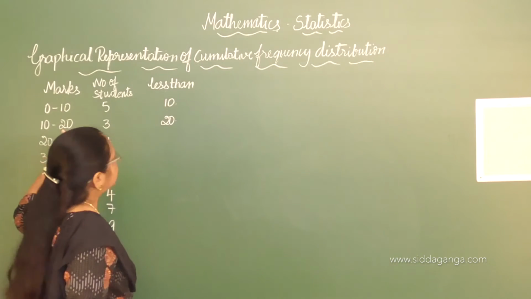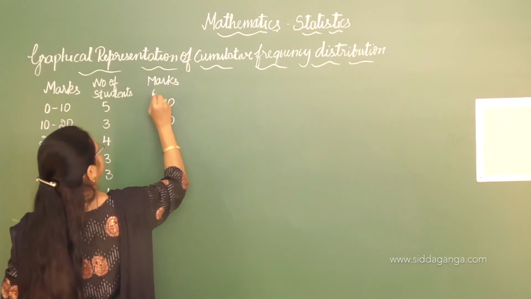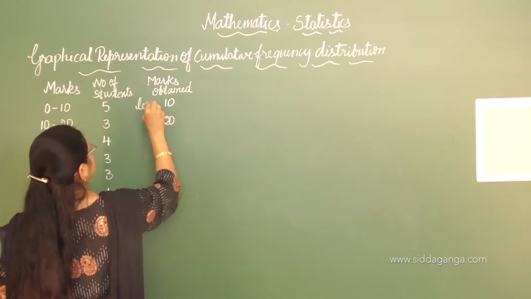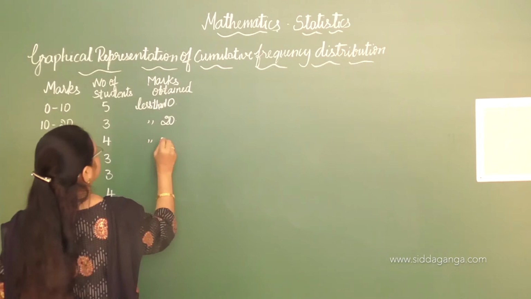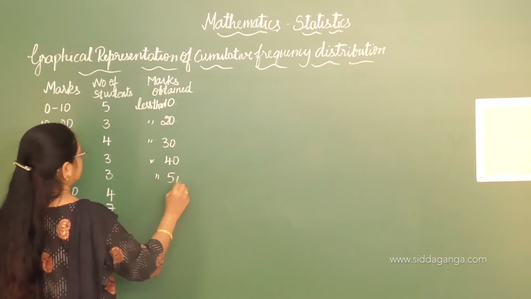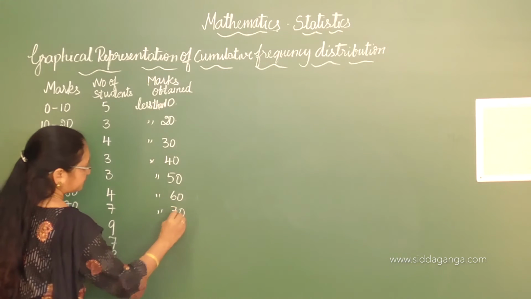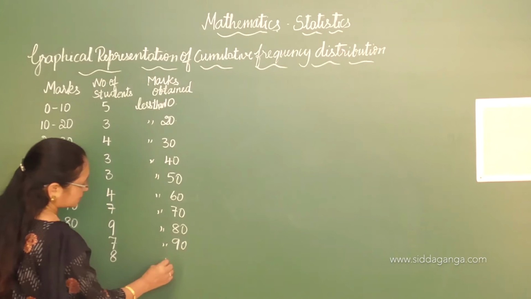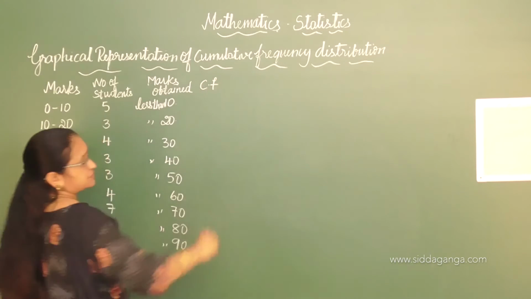You can write again marks obtained: less than 10, less than 20, less than 30, less than 40, less than 50, less than 60, less than 70, less than 80, less than 90 and less than 100. And you know how to find out the cumulative frequency.